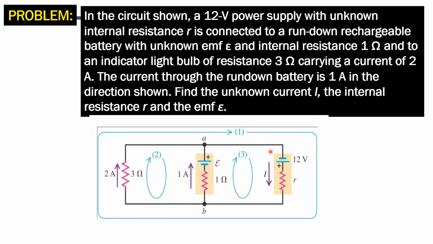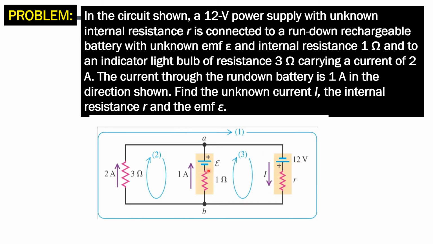The first one has a given voltage or EMF of 12 volts with an unknown internal resistance small r. There is an unknown current, indicated here by letter I, and the direction is from the negative terminal to the positive terminal of this battery or power supply.